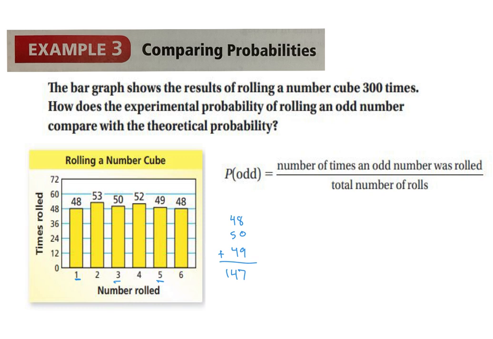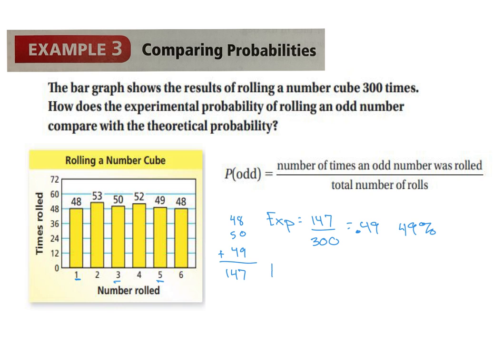So 147, that becomes the number of times an odd number was rolled for experimental. So we have 147 over a total of 300. 147 divided by 300 is 0.49, or 49%.